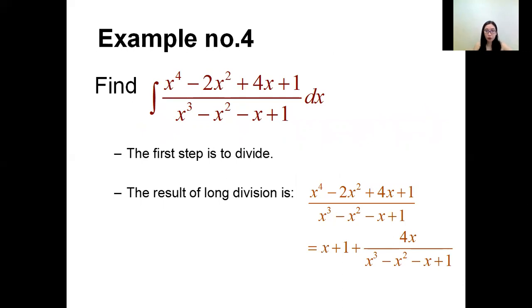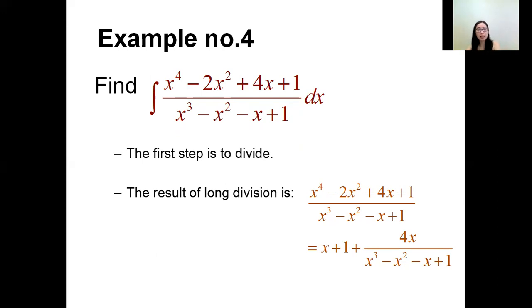For example, number 4. Find the integral of x to the power of 4 minus 2x squared plus 4x plus 1 over x cubed minus x squared minus x plus 1 dx. First, visually inspect. At a glance, the degree of the numerator is greater than the denominator.